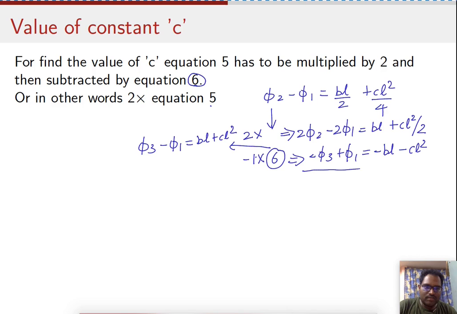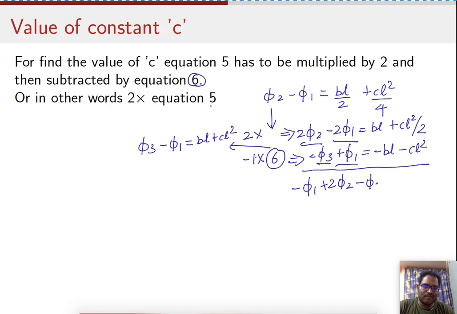Now you can just add both these equations. Here you have minus 2 phi 1 and plus phi 1, which will give you minus phi 1. Here we have phi 2, so plus 2 phi 2, and finally minus phi 3, is equal to, now you can cancel off the B term as a whole, just the C term is remaining.